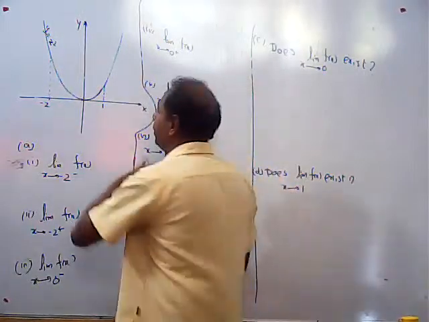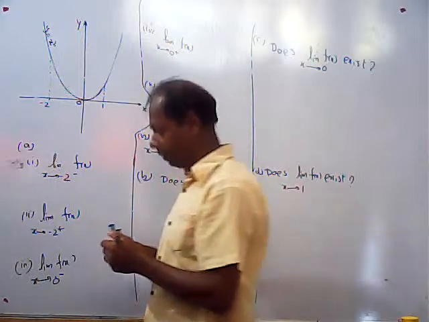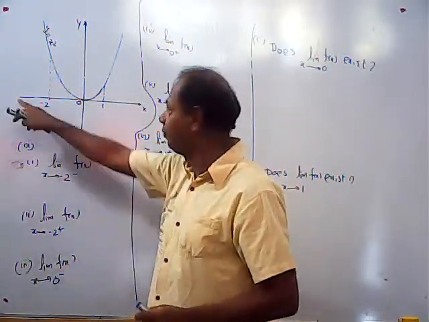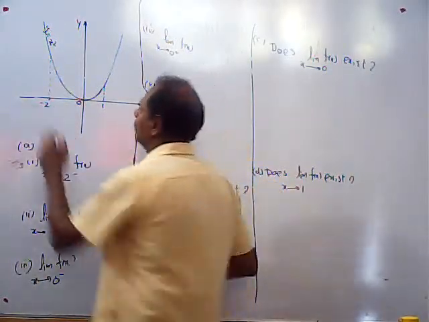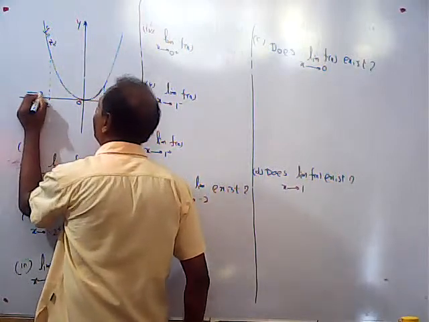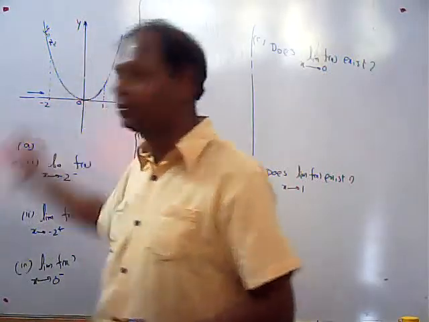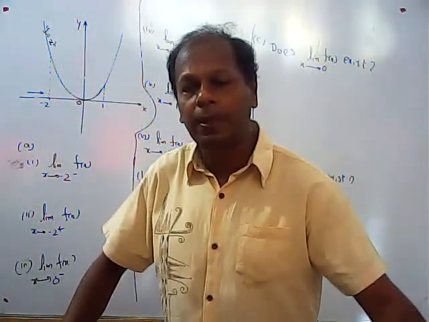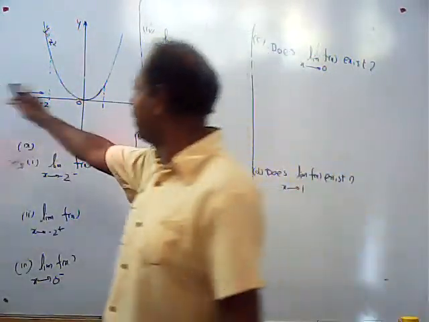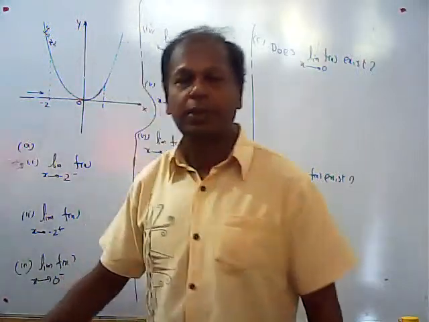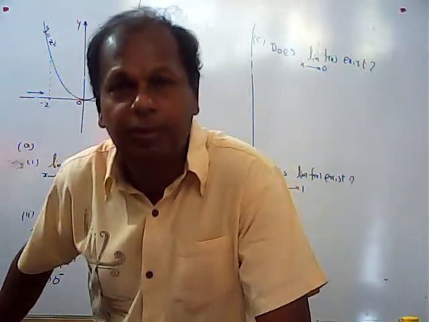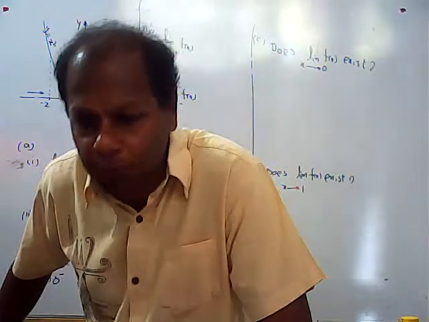We want to find the left limit at -2. Left limit as you get closer to -2, as x gets closer to -2 from the left hand side. What's the answer? Left limit at -2.